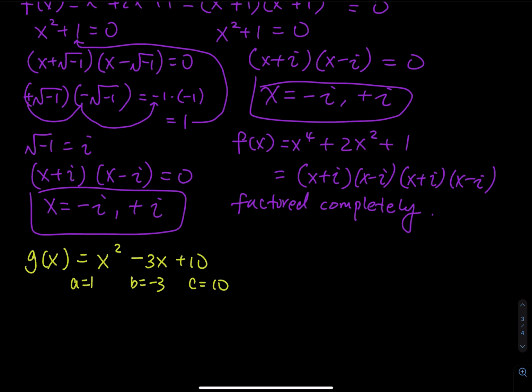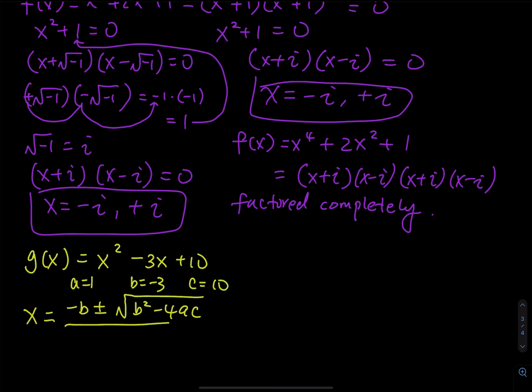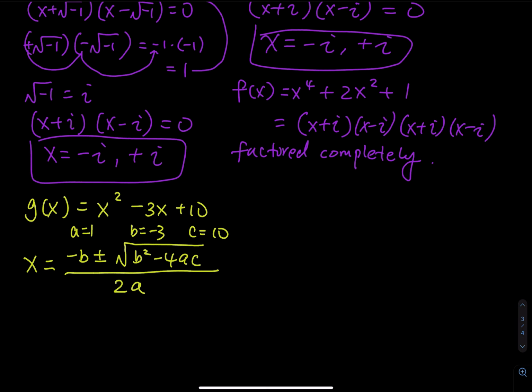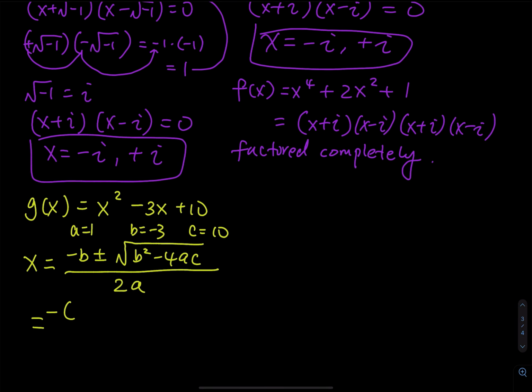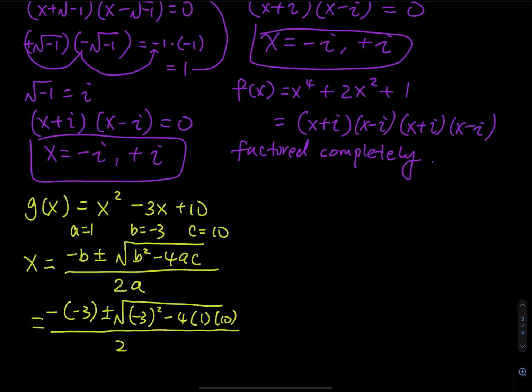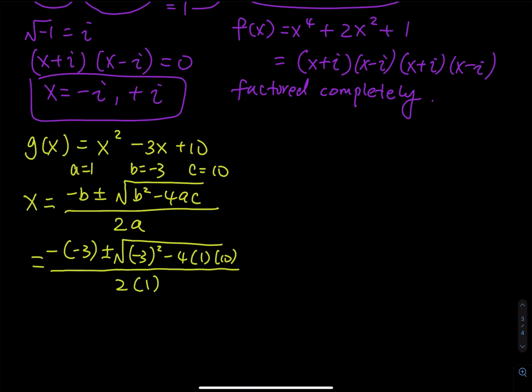And then the quadratic formula is x equals -b plus or minus the square root of b squared minus 4ac divided by 2a. And then you have -b, plus or minus the square root of b squared, -3 squared, minus 4 times a times c, divided by 2 times a, 2 times 1. -(-3), you have a 3 plus or minus.